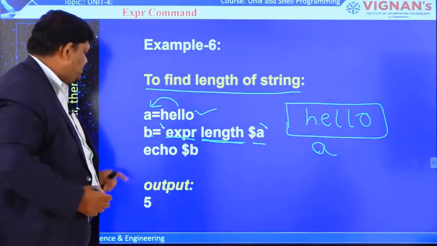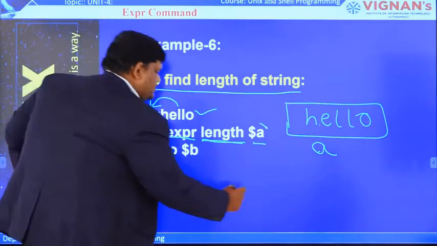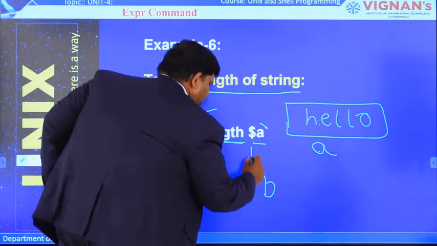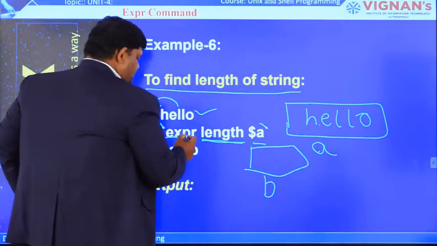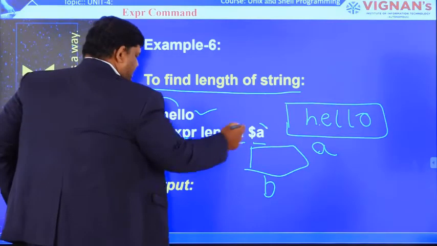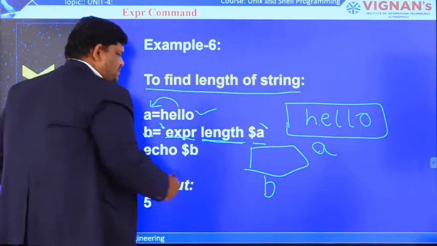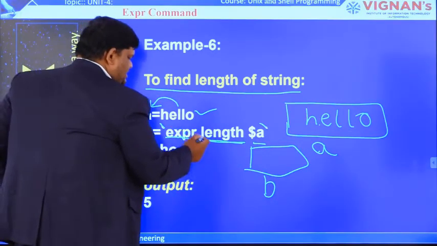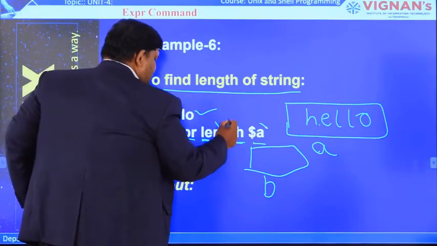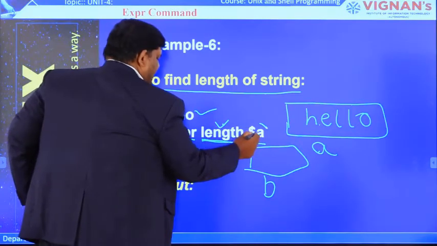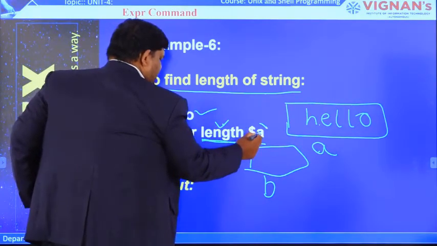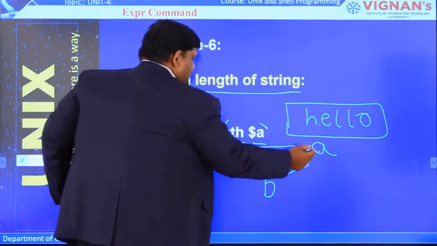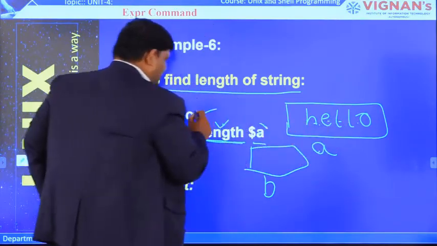While coming to the second statement, B is equal to, so here we are taking another variable. Within backquotes we are writing this expr, that means command substitution is there. So the shell will execute this one first. Here expr space length identifies how many characters are present in this variable. We know that A contains HELLO because we assigned it here.